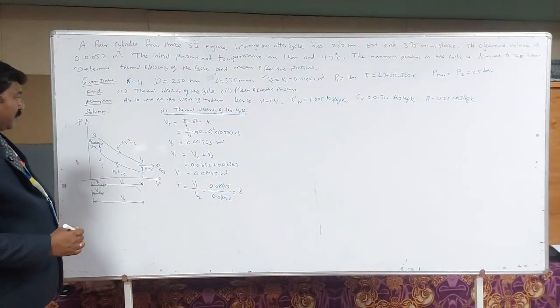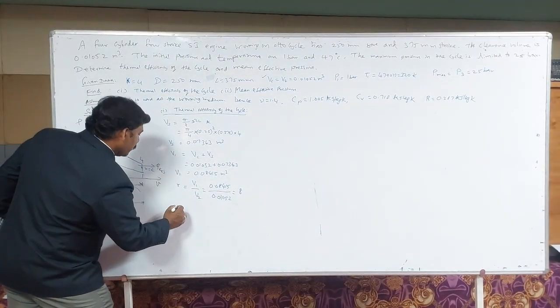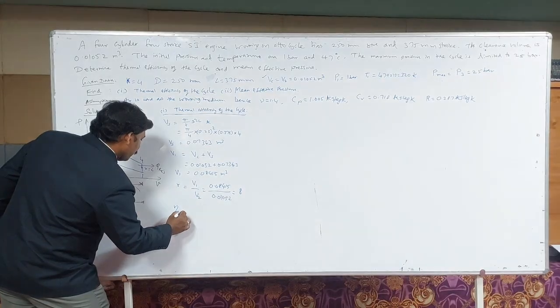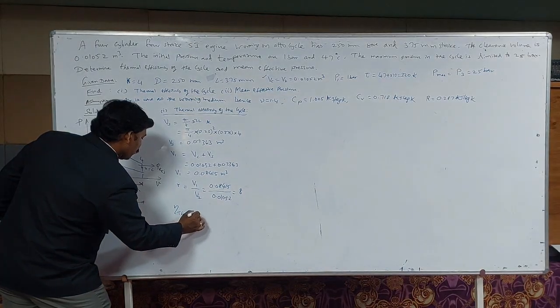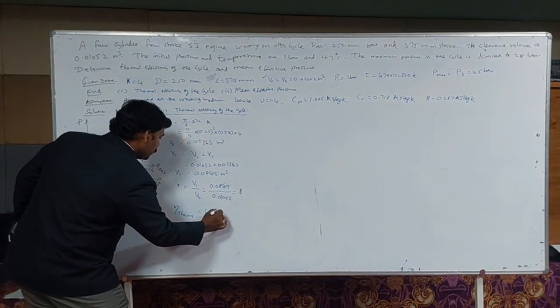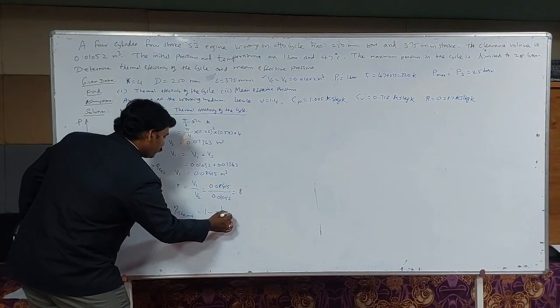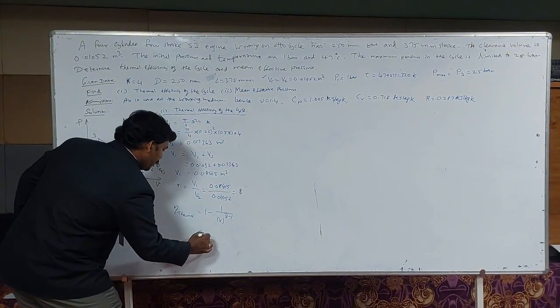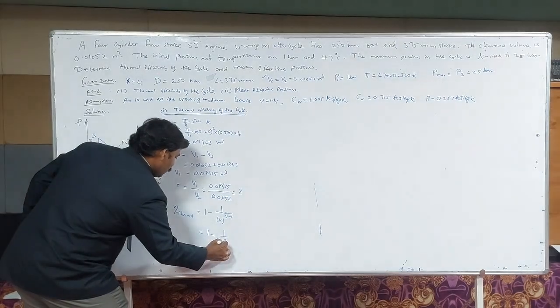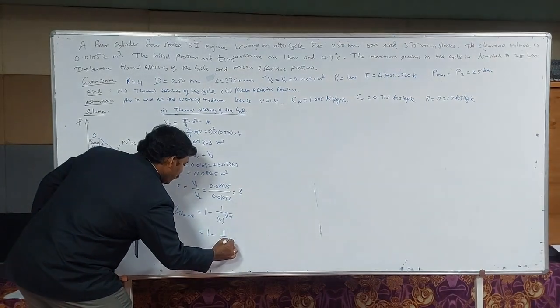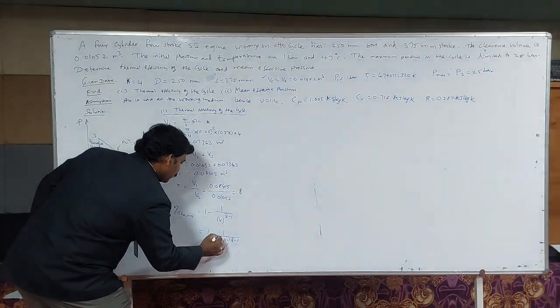Once we get the compression ratio, then we have to find the thermal efficiency. The thermal efficiency of an Otto cycle is equal to 1 minus 1 by r power gamma minus 1. So we know the compression ratio is 8, 1 by 8 power 1.4 minus 1.